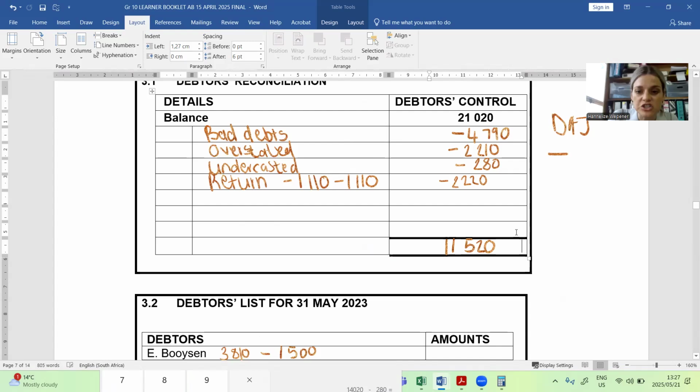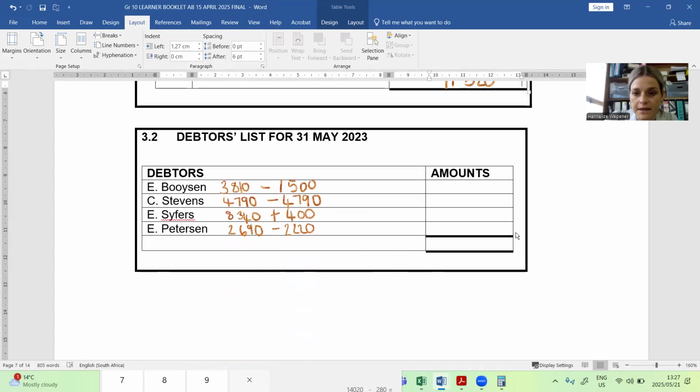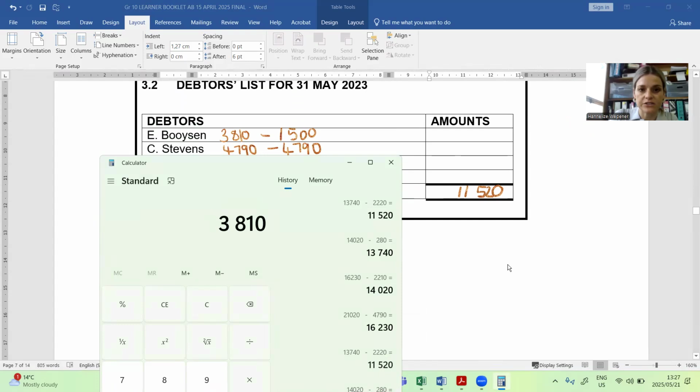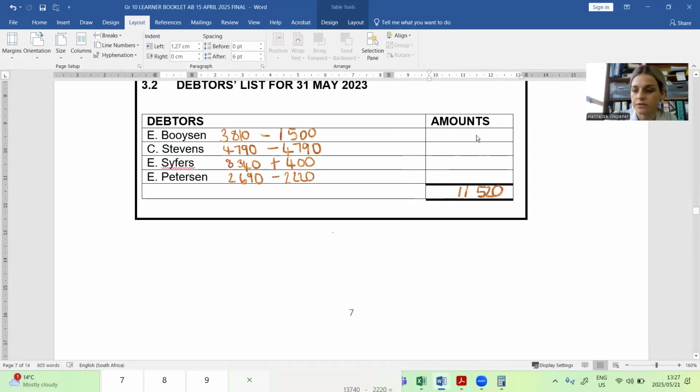And this balance should now be the same as the balance that you have here for your debtors. So that's what we are working towards. We want them to agree. So let's see. We currently have 3,810 for Boyson, but we have to still remove that EFT. So it is 2,310.